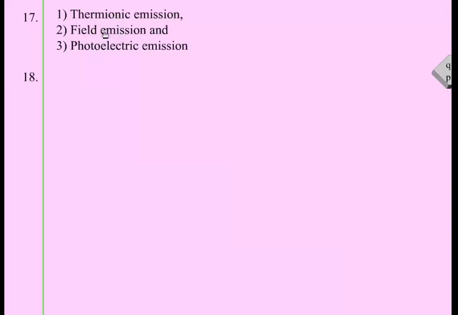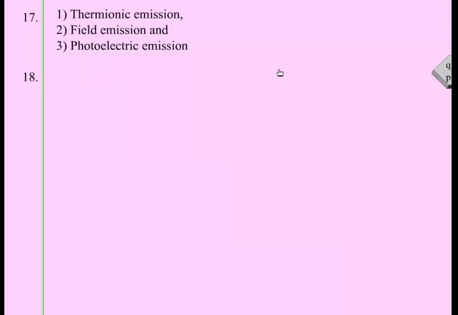For 2 points you get 2 marks. Even if you write this third one, no problem. But the evaluator considers only 2 points. Of course, it is better to write one extra because somewhere if it is wrong, then the evaluator will consider this one. You will get 2 marks.